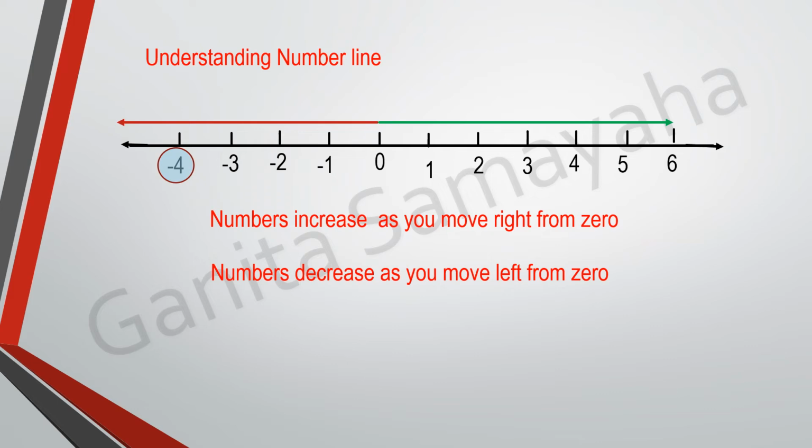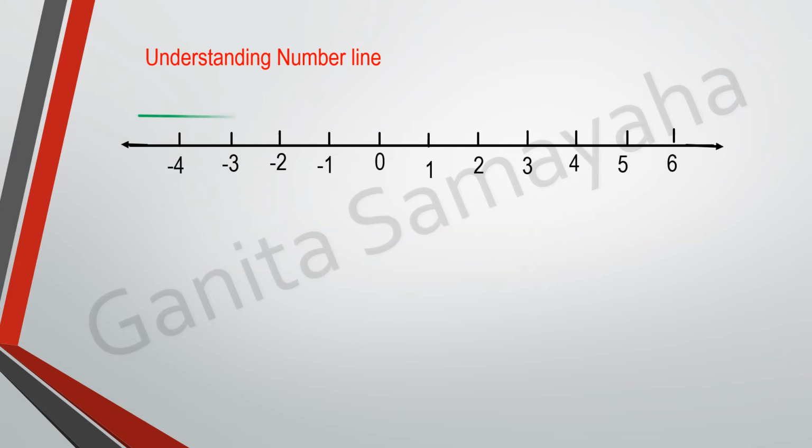They decrease. Is it clear, children? No confusion at all. 0 is our reference point. From there if you move to the right, the numbers are increasing. And from 0 if you move to the left, the numbers are decreasing. Or on the whole, if you move from left to right, the numbers are increasing continuously.